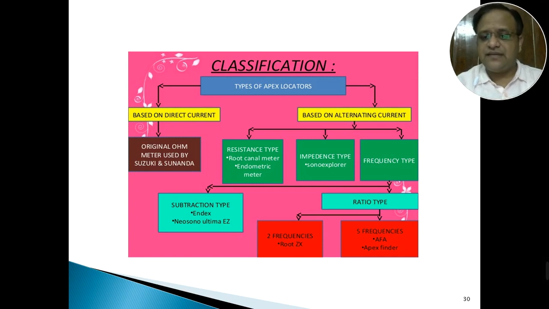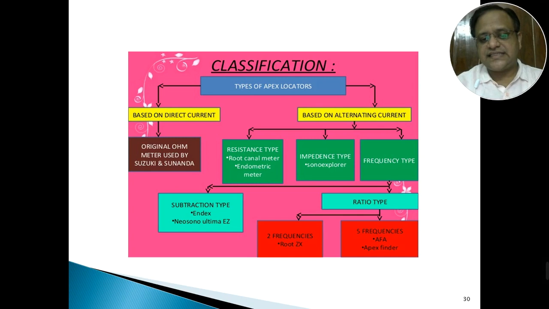Coming to the frequency type, we have subtraction type like Endex or Neosono, or ratio type like two frequency, where around 400 hertz and 10 hertz were used. Different frequencies were used, and Root ZX is one of the finest examples we can say.